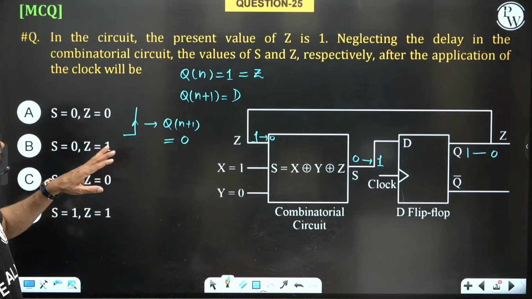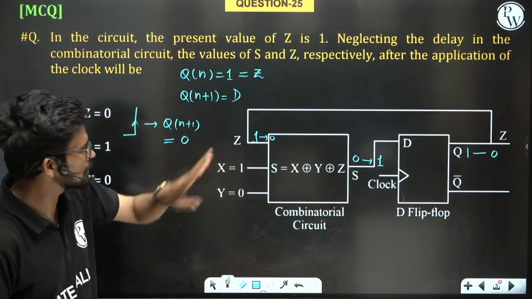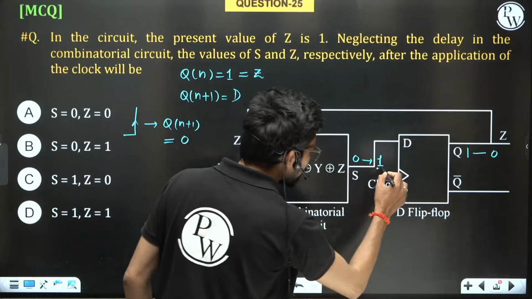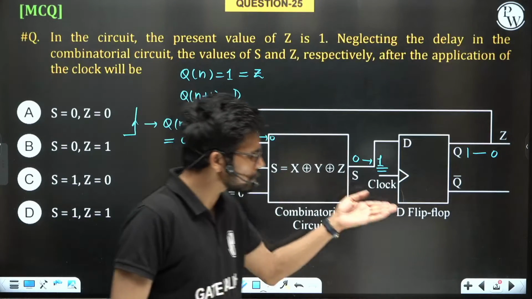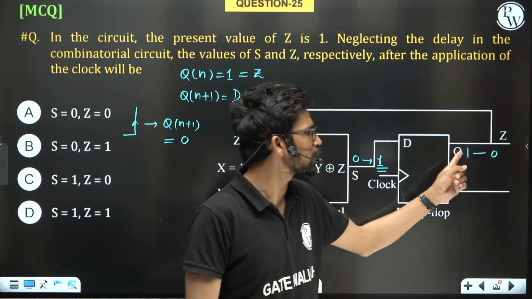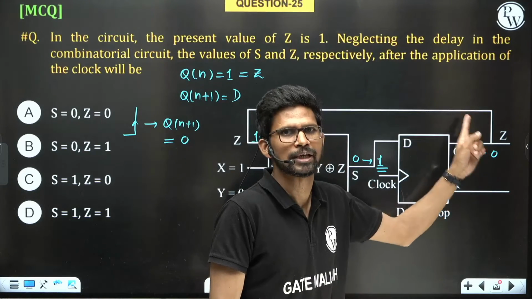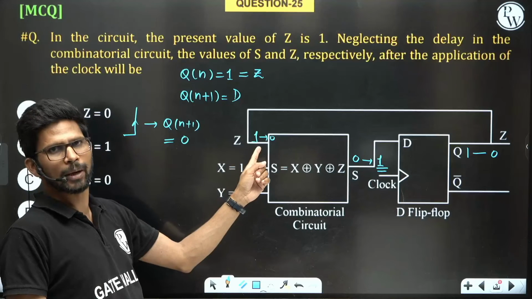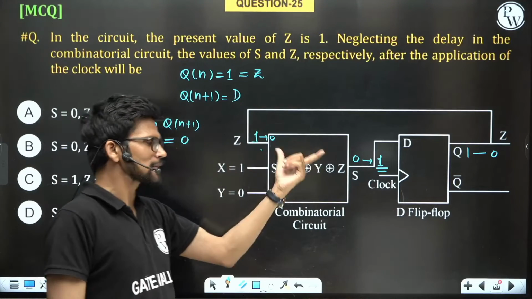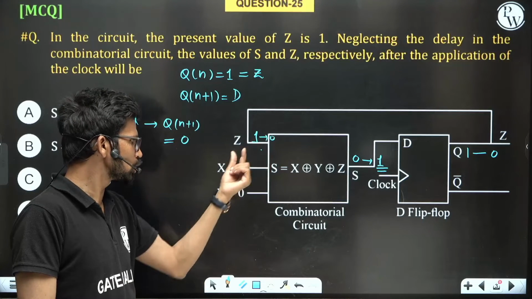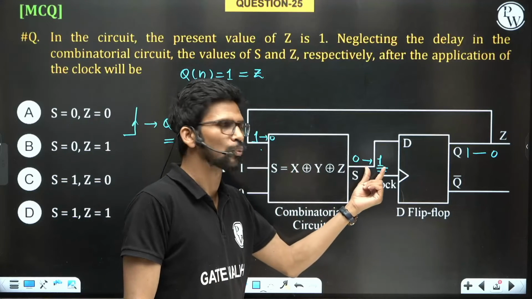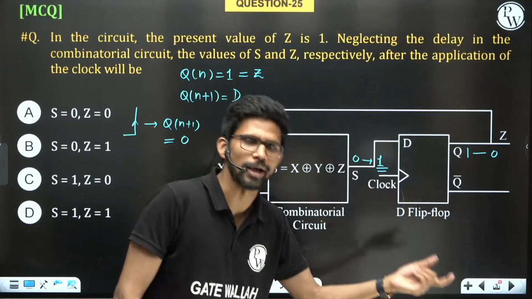Now they have asked to find the values of S and Z. S is 1 after application of clock, because as soon as you clock this D flip flop, the output goes from 1 to 0, and as soon as Z becomes 0, it comes here. As this combinational circuit has 0 delay, as soon as Z is 0, 0 XOR 1 XOR 0 produces the output of S as 1.